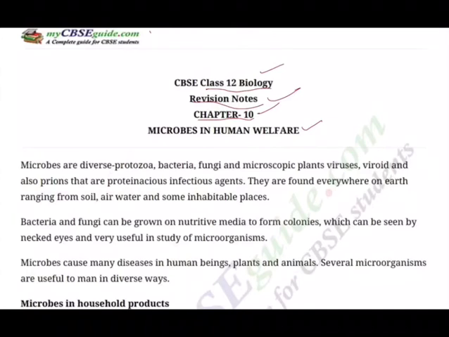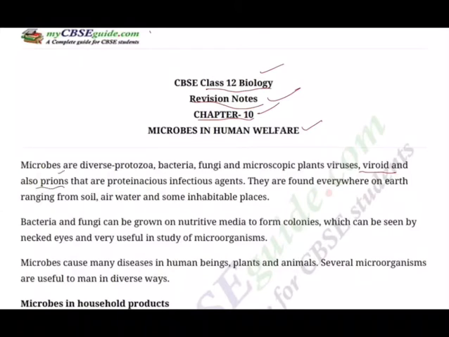There it is the diseases that we talked about. Here we are going to talk about what are the various uses that microbes do for us. So moving ahead, microbes are diverse. Some of them are protozoans, some are bacteria, some belong to fungi, and some are microscopic plant viruses, and further smaller than viruses, viroids, and also further smaller than virions, prions.